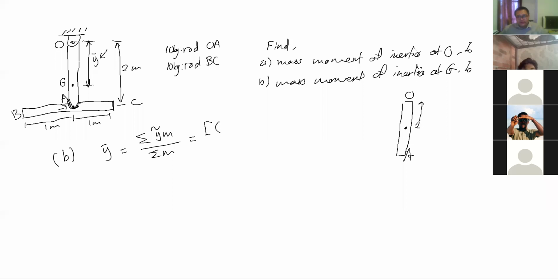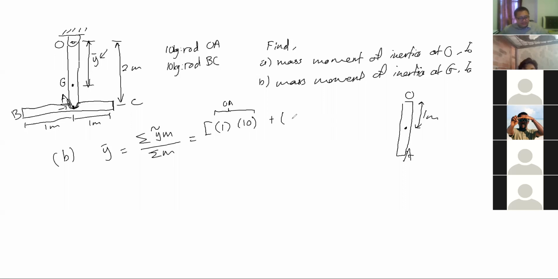Its own distance here is 1 meter, and the mass is 10 kg. This one is for rod OA, and then we add, because it's a summation, the rod BC.